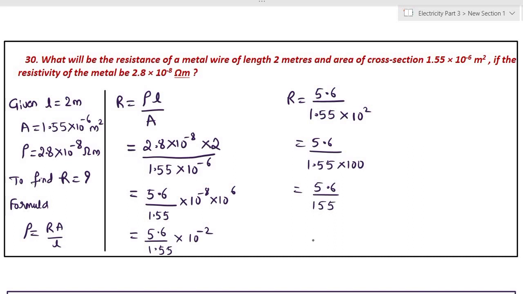Therefore, when you simplify this, you will get 0.036 ohm. That is, the resistance value is 0.036 ohm.